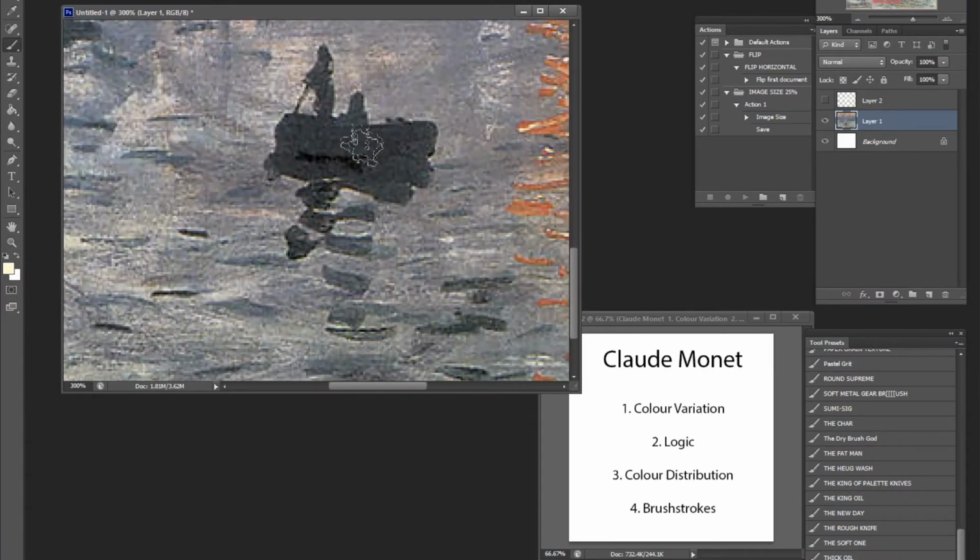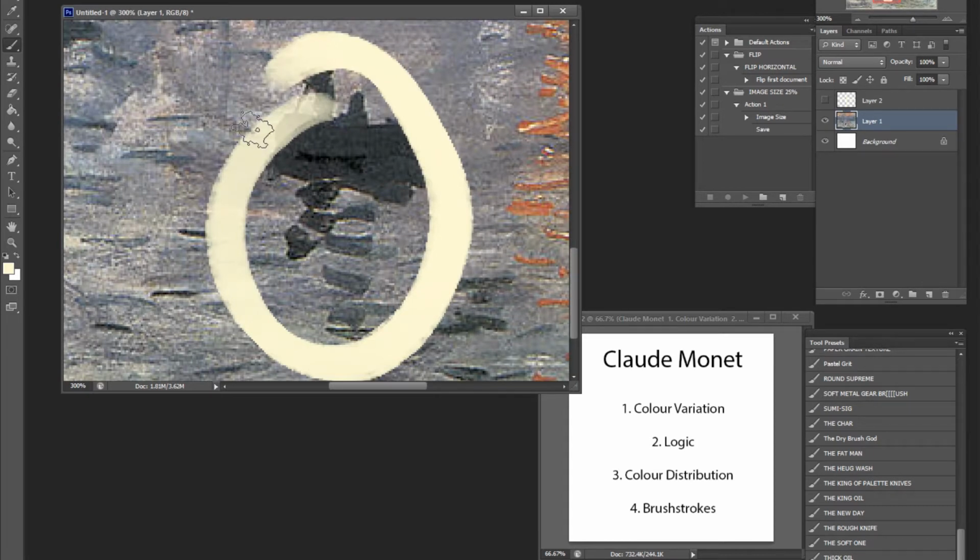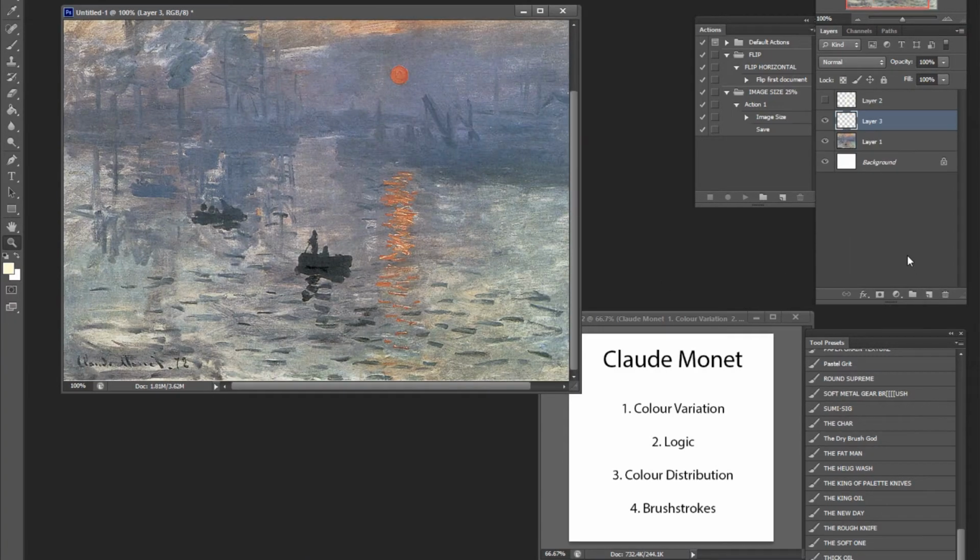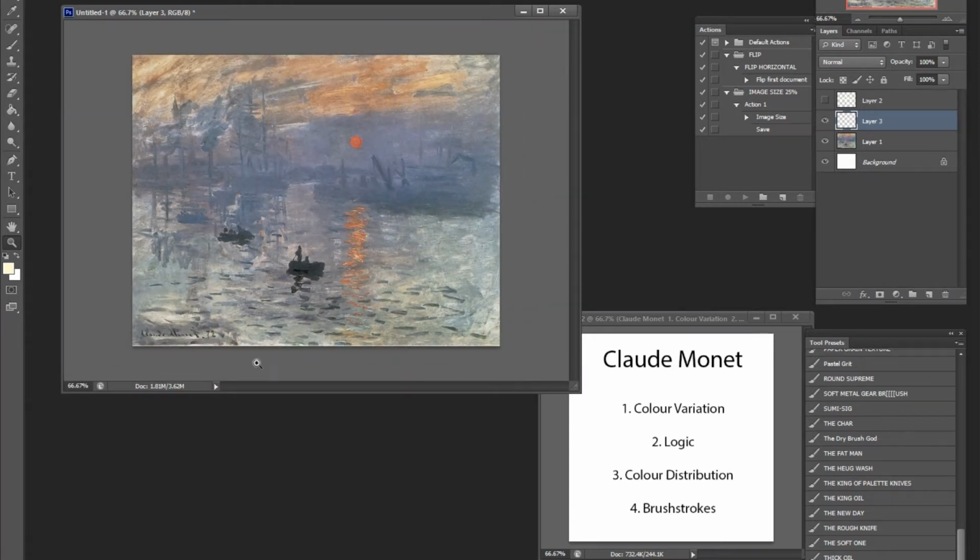Look at this reflection here. He didn't need to really put the perfect reflection there. We kind of get the idea that it's a reflection, and that's beautiful. It's just a few brushstrokes here. No need to put any more, particularly for the style. And again, everything goes back to the logic.